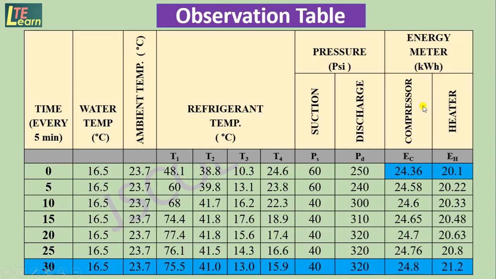In order to calculate the energy consumption of the compressor, we take the difference between this final and this initial reading. Similarly, we calculate the energy consumption of the heater by taking the difference of the final energy meter reading and this initial energy meter reading.